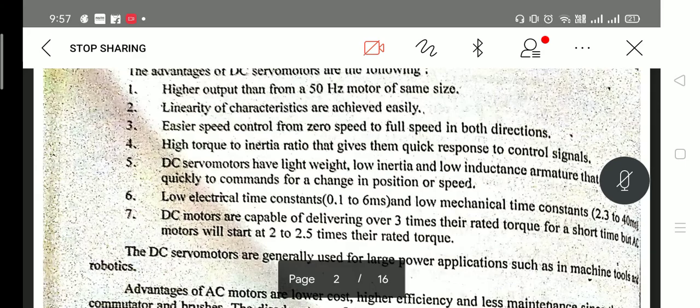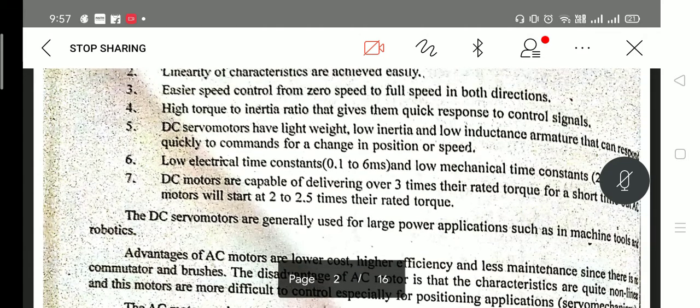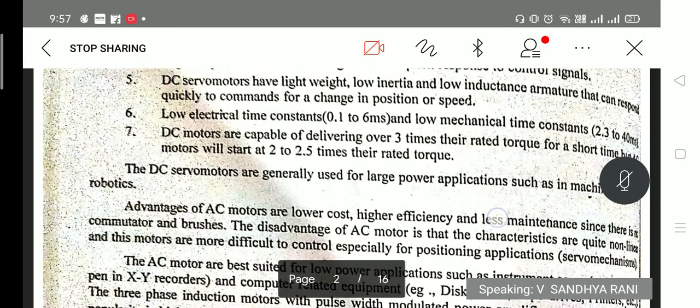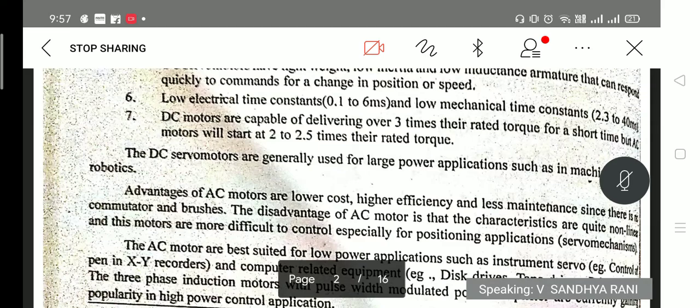Within this time limit we can control the speed ranges. Okay. DC motors are capable of delivering 3 times their rated torque within a short time. These are the advantages of DC servo motor.